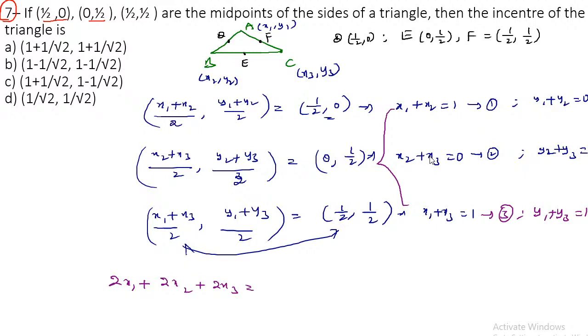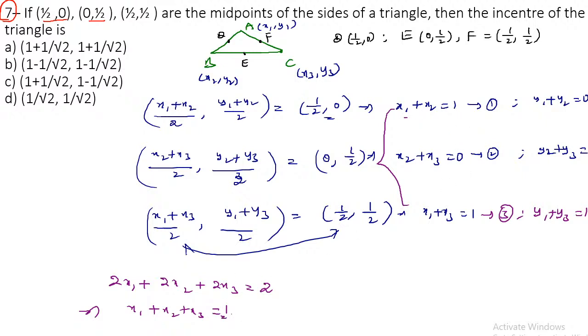So we get each term 2 times: x1 two times, x2 two times, and x3 two times. So 2x1 plus 2x2 plus 2x3 is equal to 1 plus 0 plus 1, which is 2. If we take 2 common, this becomes x1 plus x2 plus x3 is equal to 1.